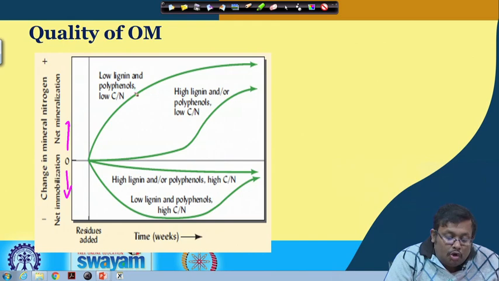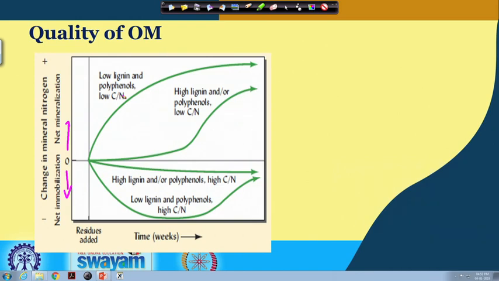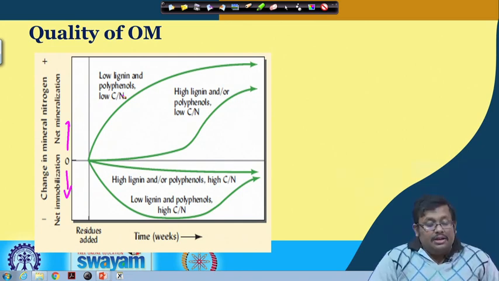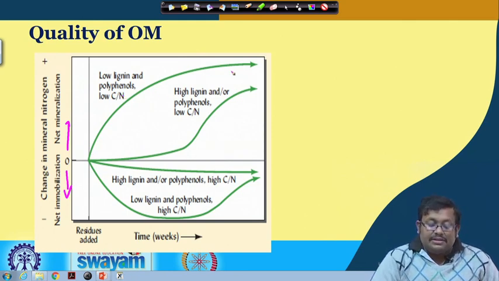These basically show low lignin and polyphenol and low C:N ratio. That is the ideal condition, because you know that lignin and polyphenols are resistant to decomposition, and when we have a low C:N ratio, it also encourages mineralization. So, we are getting a high amount of mineralization.